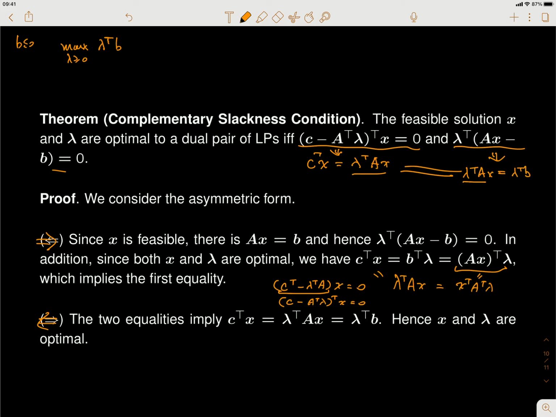I think all the essential techniques you have learned for the simplex method can also be applied here. So when you see such a question, you know that it's not really tricky. When you see a dual problem, just think that it's not that special. It's just another linear program that you can apply your simplex method to.